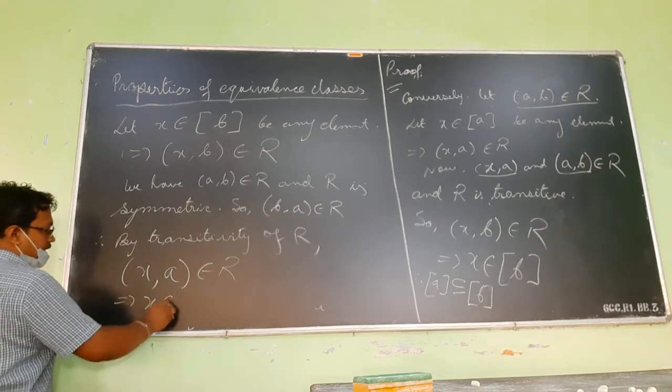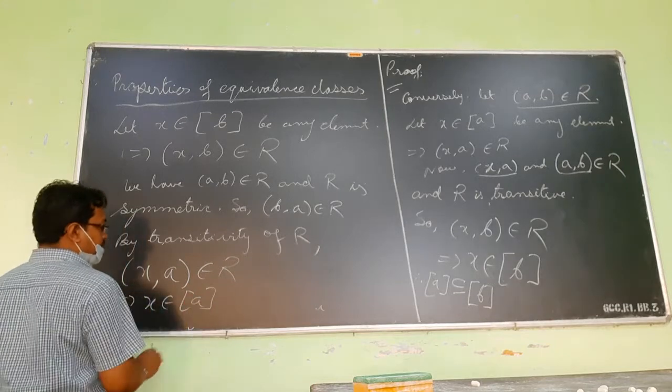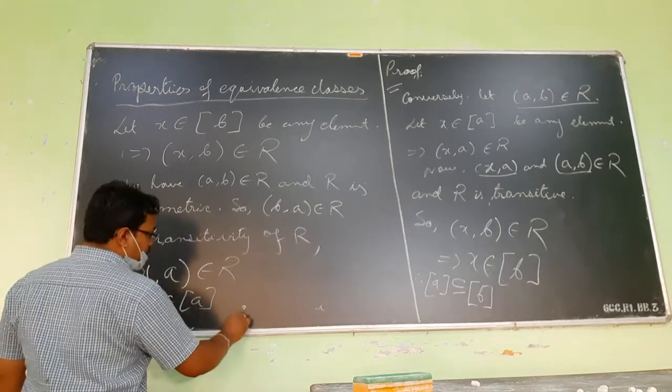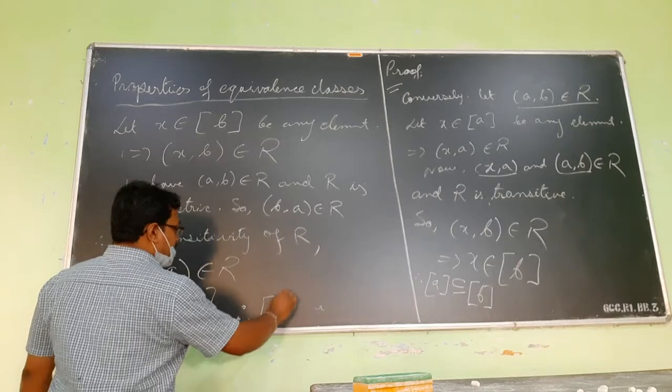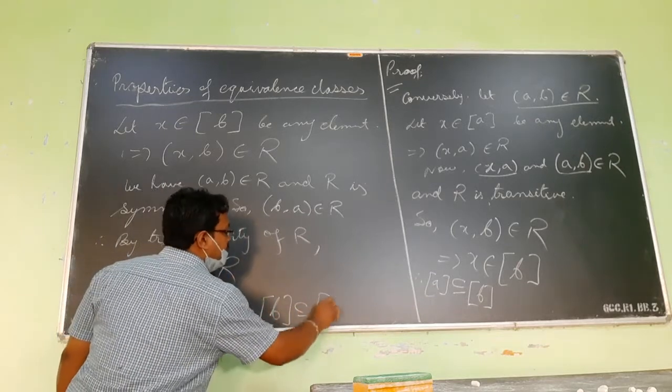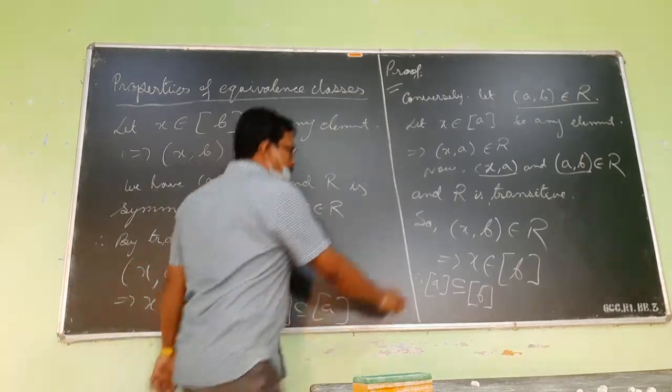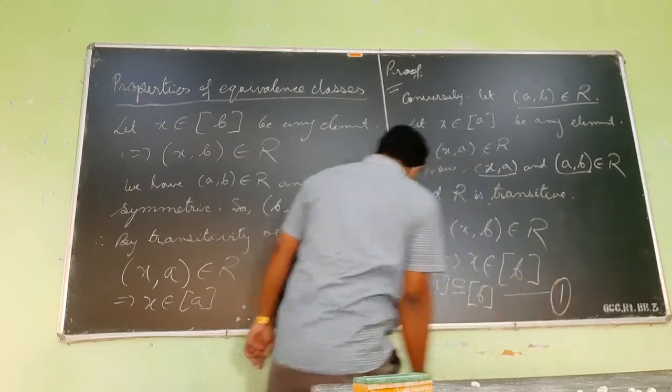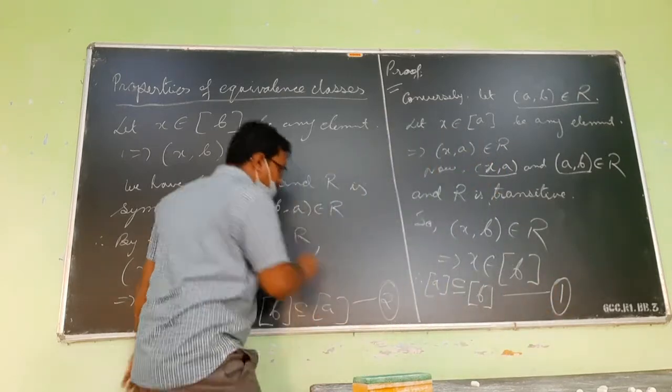So this means x belongs to the equivalence class of a. So ultimately, what is our conclusion? Class B is a subset of class A. You can name this 1, and this one you can name as 2.